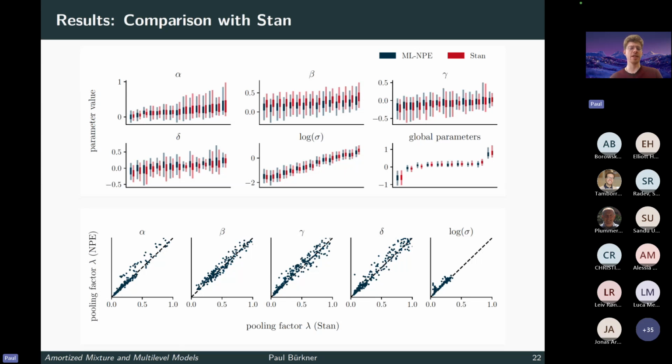And we do indeed see that the shrinkage implied by our amortized inference procedure matches that shrinkage of Stan also here very well. So for this model, we were able to really recover what we believe would basically be the true analytic posterior, with Stan as the gold standard reference. In practice, of course, we wouldn't fit Stan because we just want rapid inference. This is just here to showcase that we are actually getting the posterior right.